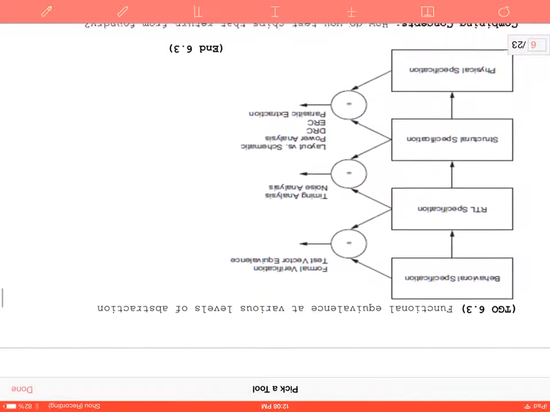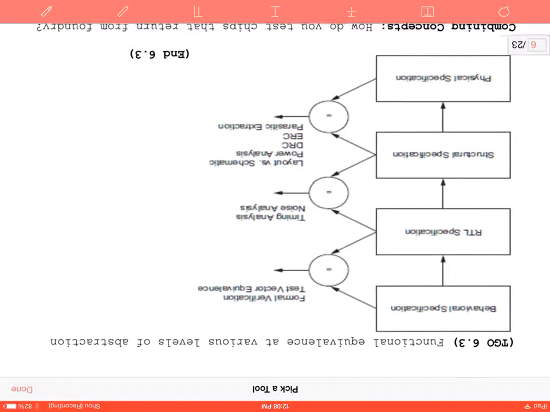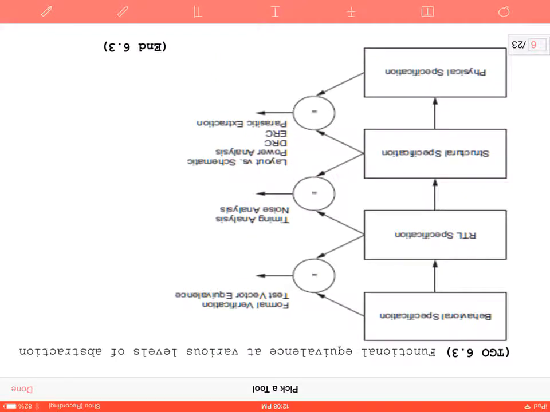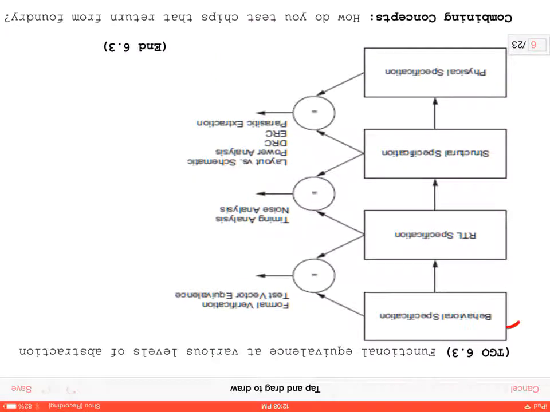So this is our different layers of testing. This is 6.3 here. So behavioral level, register transfer level, structural level, and physical level. So in 385, we learned about the behavioral level and RTL level, and now we're getting to the underlying technology.